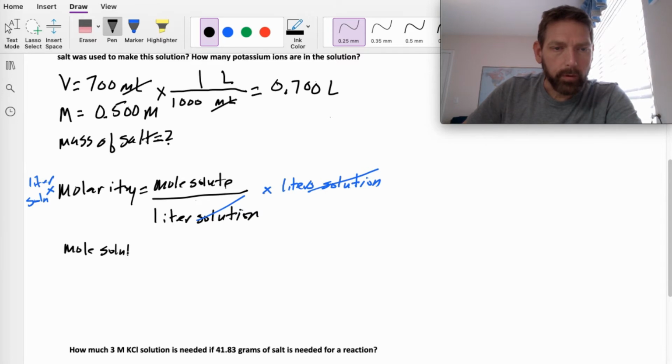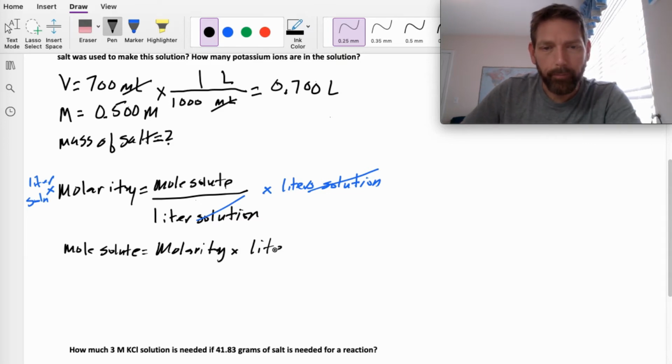And so the new form of the problem would be moles of solute equals molarity times liters of solution.